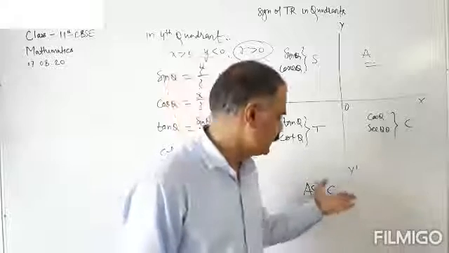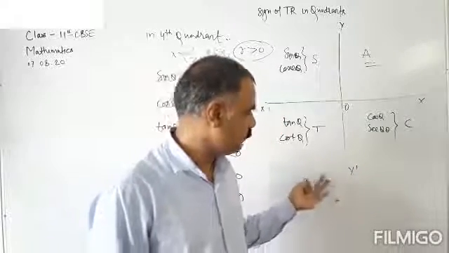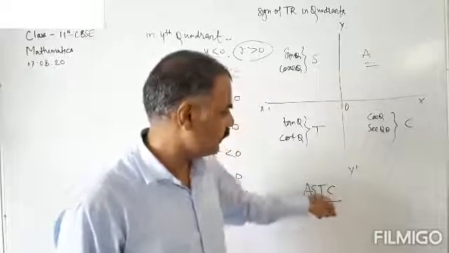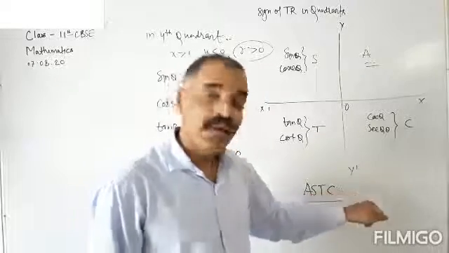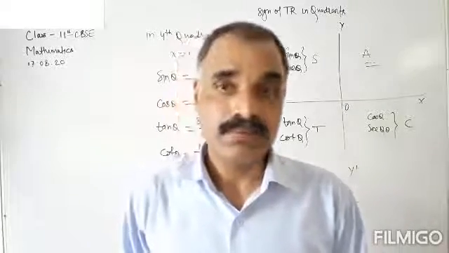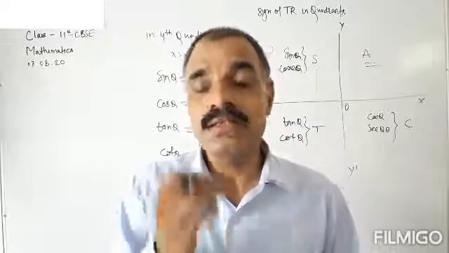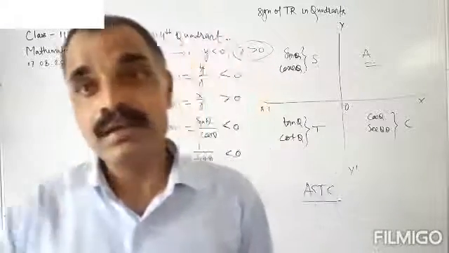ASTC represents the first symbol of the trigonometric ratios which are positive in the first, second, third and fourth quadrants, and other than this all the trigonometric ratios are negative.